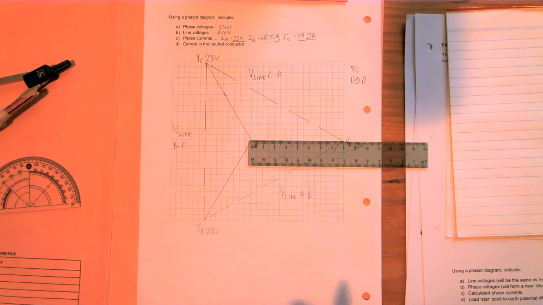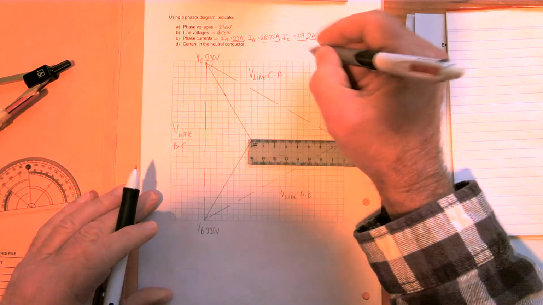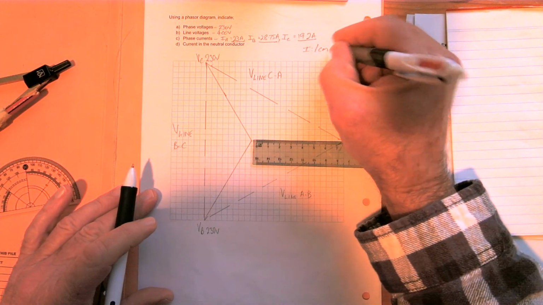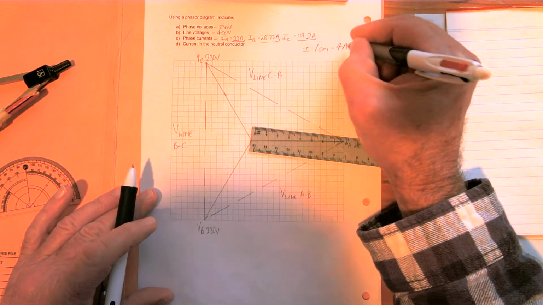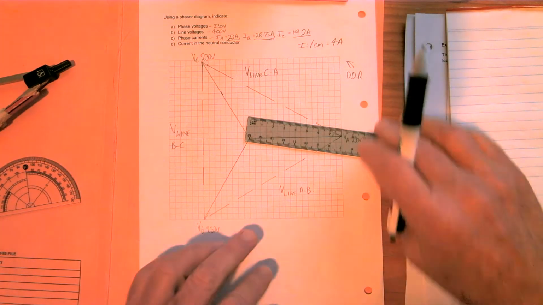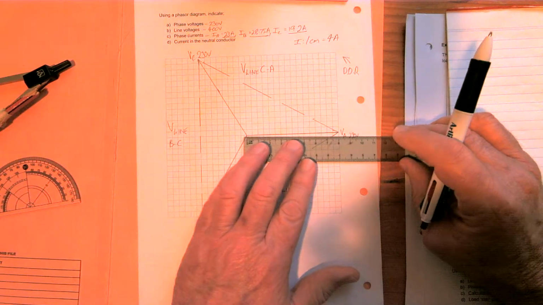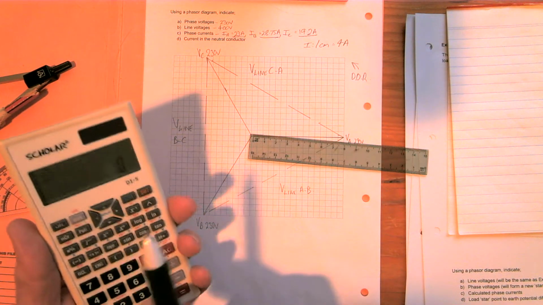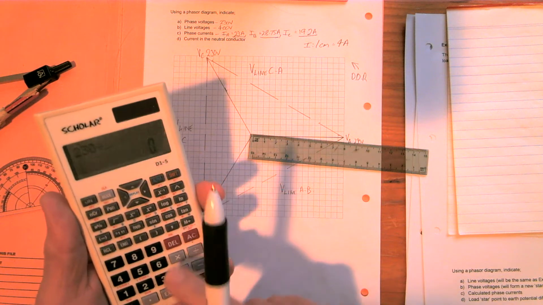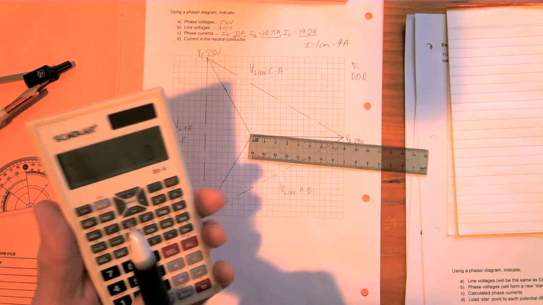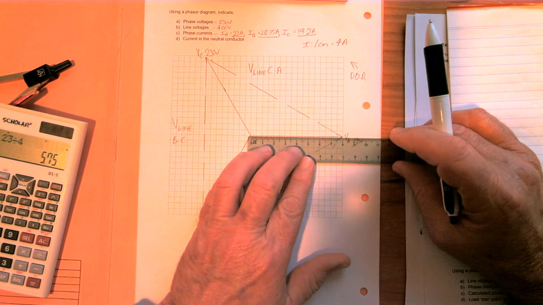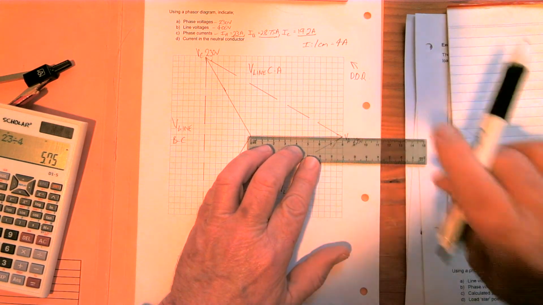So if we say 1 centimetre is equal to 4 amps, that can be our scale, and hopefully we can get all that on the page. So the A phase is 23 divided by 4, so 5.75 long, about 5.8.